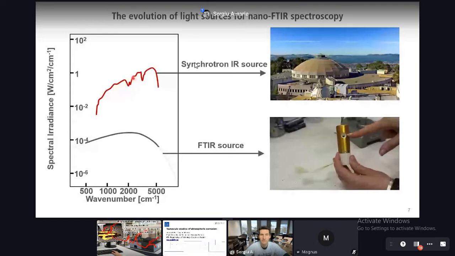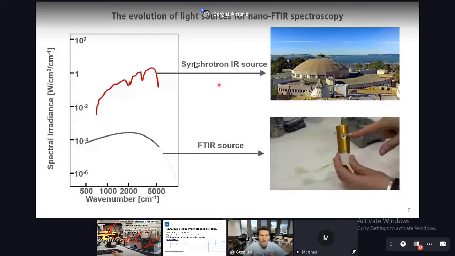This light source is, of course, preferred when comparing with the FTIR sources due to its larger spectral irradiance. It is, however, not available to anyone. Such a synchrotron is tens of meters in diameter and also might not fit into any lab.